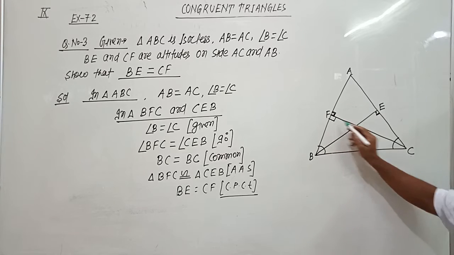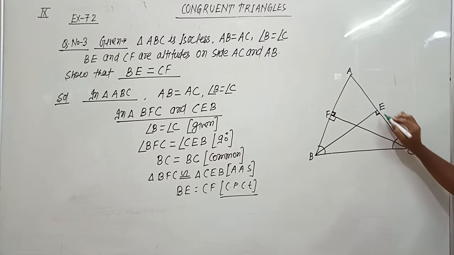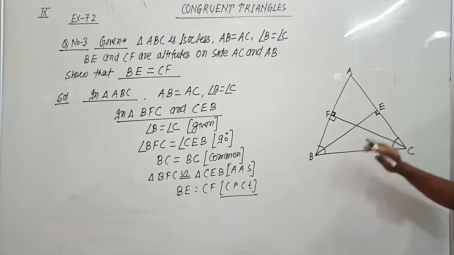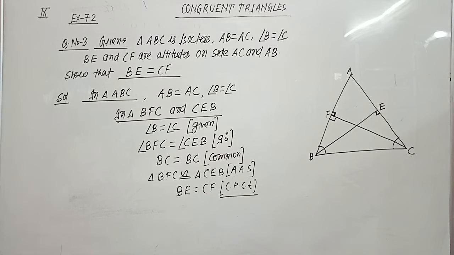In triangle BFC, angle BFC is 90 degrees, and in triangle CEB, angle CEB is 90 degrees, and BC is the common side. So by AAS, these two triangles become congruent, and by CPCT, the altitude BE equals CF.